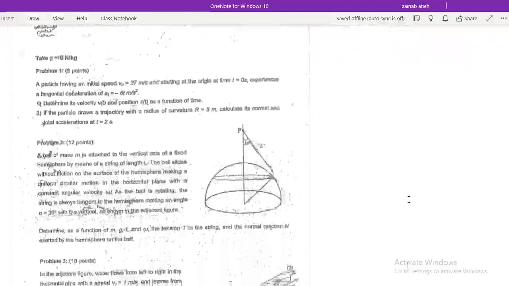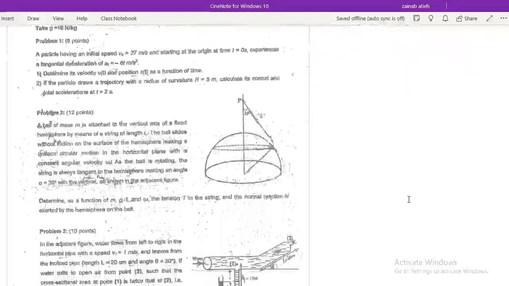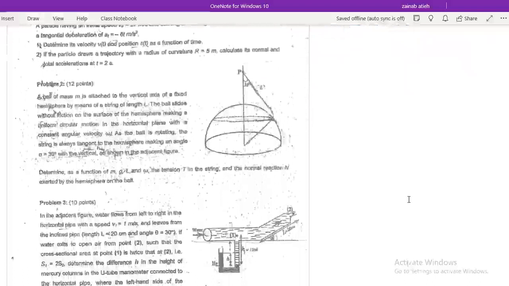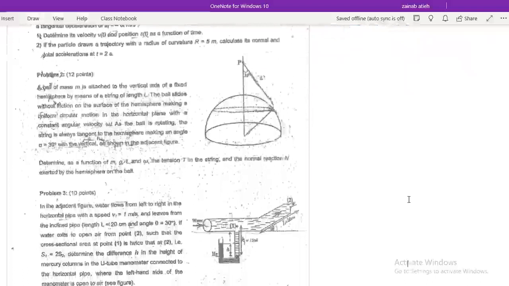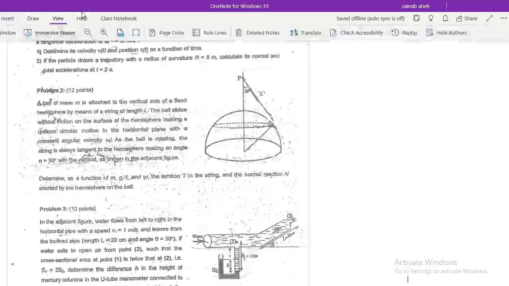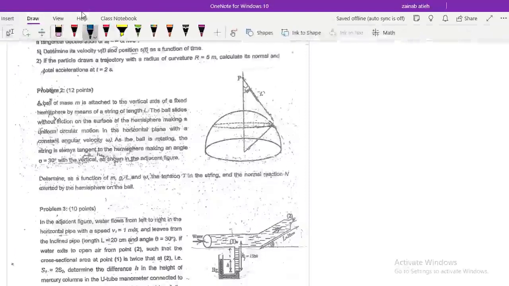I will try to solve this problem too. I don't have a better copy, but this problem is good to be solved. It says a ball M. So we have a ball here. This is the ball. Okay. M is attached to a vertical axis of a fixed hemisphere by means of a string of length L. So this is a string here.